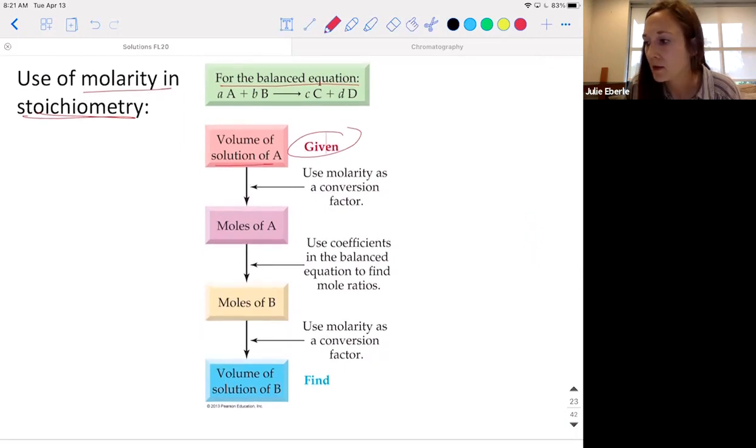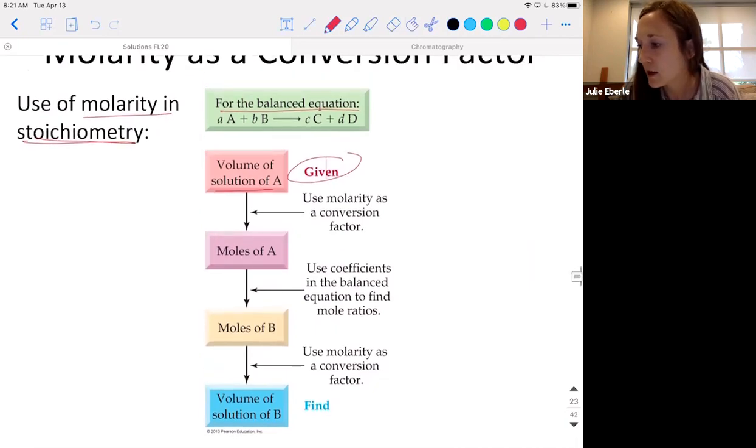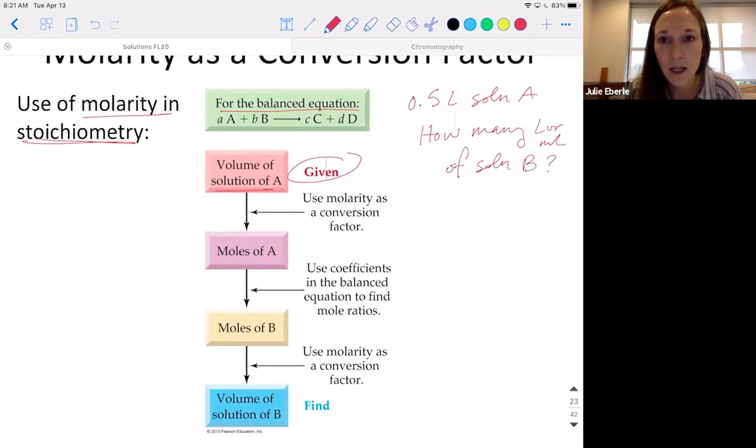Any problem could say this. I'm just making up numbers here, 0.5 liters of solution A, and it could ask how many liters or milliliters of solution B. Okay, so that could be the format of the problem.